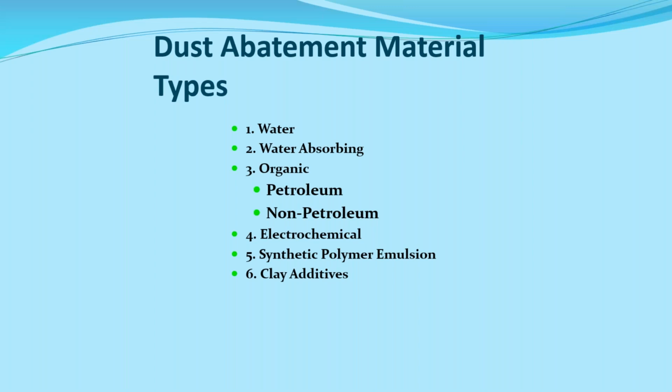Those are chemicals that try to change the charge of the aggregate or the binder to lock it together and hold it together. Those are the ones that, you know, you have your sulfonated oils or your enzymes or your other types of products. They're all in those electrochemical types of products.